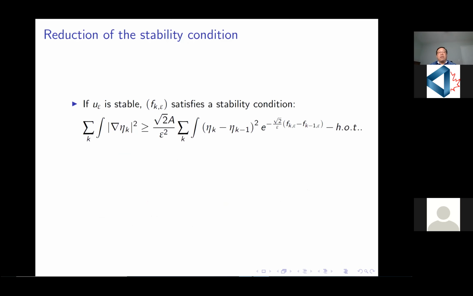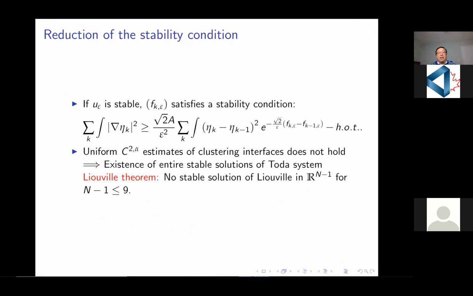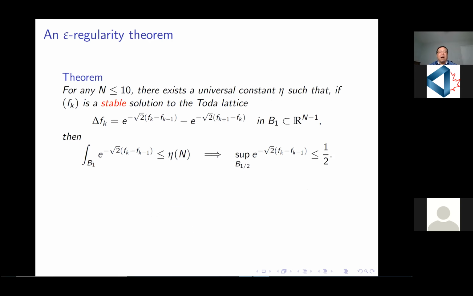And so finally, let me summarize what we have discussed today. I discussed 8 types of classification results for the Allen-Cahn equation. We went from monotone solutions to global minimizers, to stable solutions, finite Morse index solutions, and then saddle solutions, and then the half space theorem, and then the C2 alpha estimates.